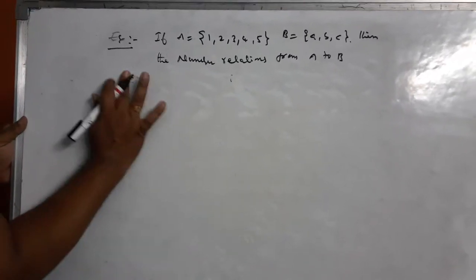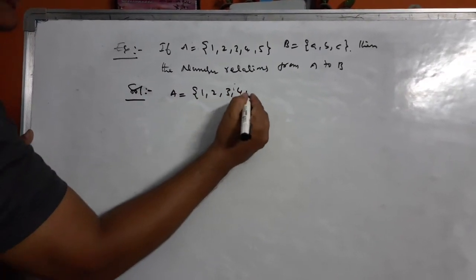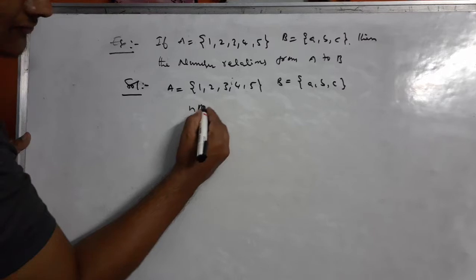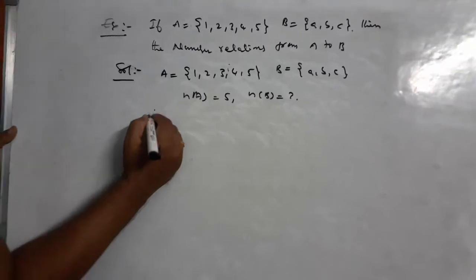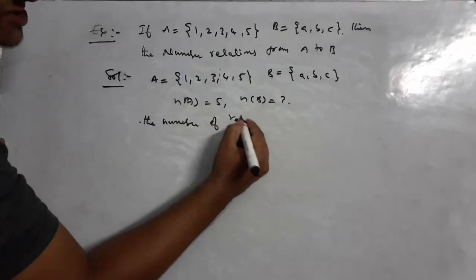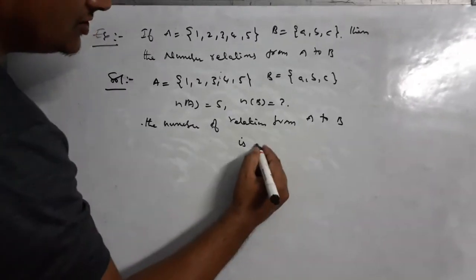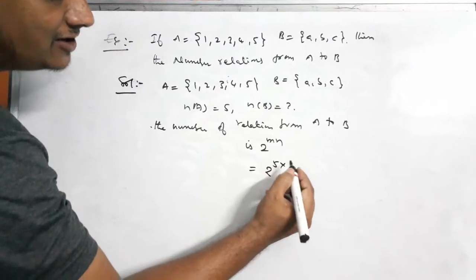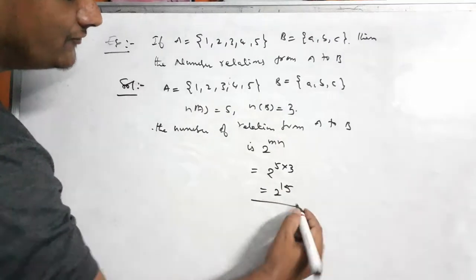So here solution: A is equal to {1, 2, 3, 4, 5} and B is equal to {a, b, c}. So number of A is equal to 5, number of B is equal to 3. So the number of relations from A to B is 2 to the power of mn. So 2 to the power of mn means 2 to the power of 5 into 3. So that is nothing but 2 to the power of 15.